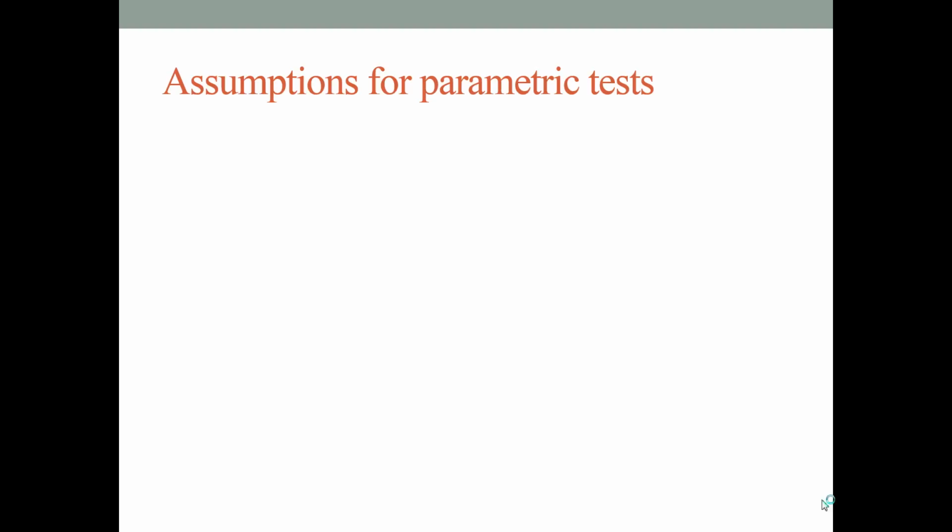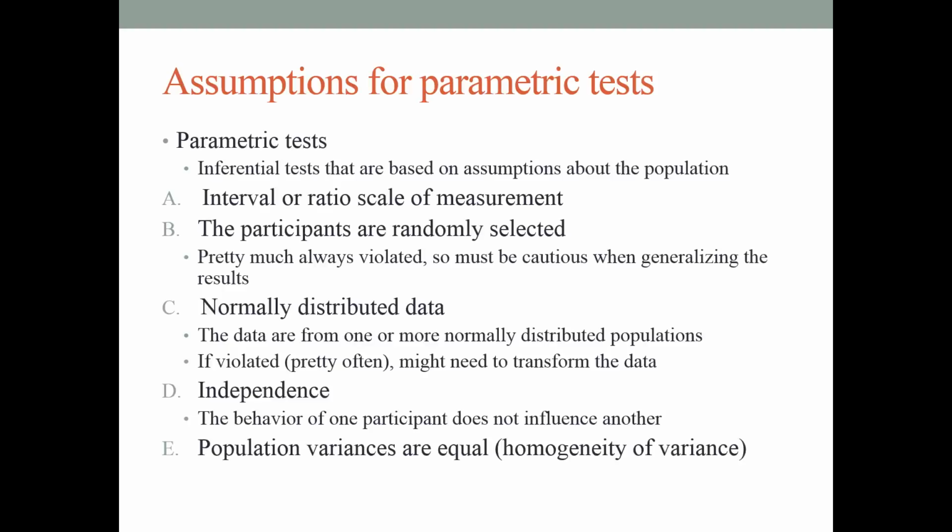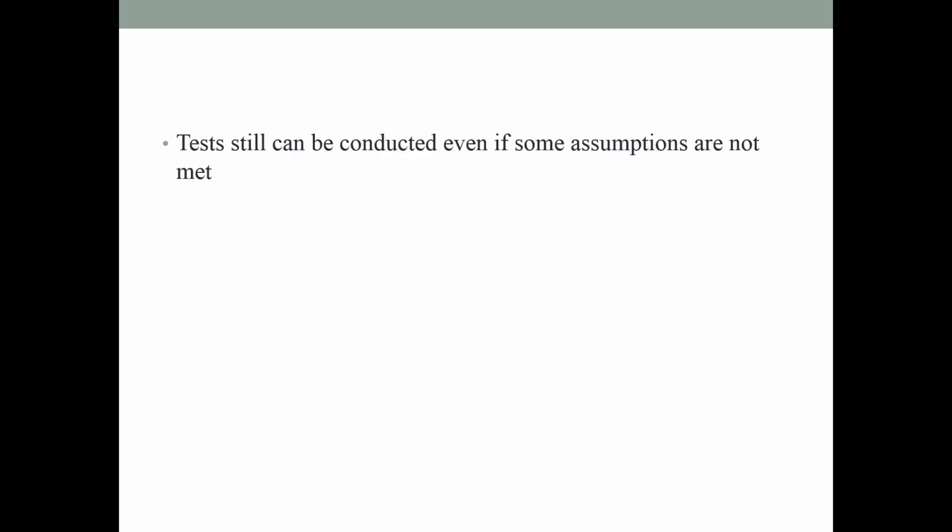Okay, so the test still can be conducted even if some assumptions are not met. Of course, to this point, we know some assumptions are more important than others. But in most cases, as long as it's interval scales, then you can go ahead and just analyze it.